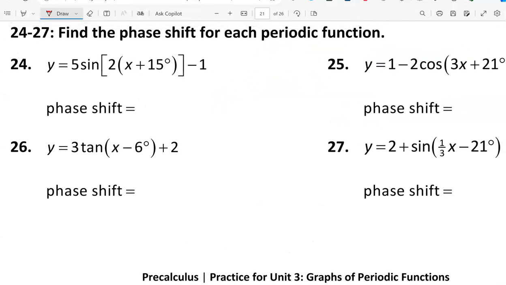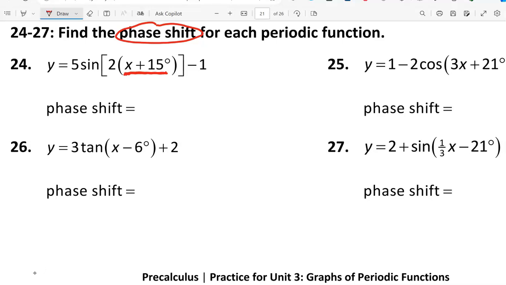All right, for 24 through 27, we are asked to find the phase shift for each periodic function. The phase shift is the horizontal shift, which is caused by addition and subtraction. And since phase shift is a horizontal change, it is an input change, which means it's an inverse operation change.